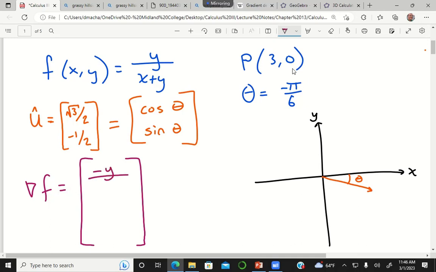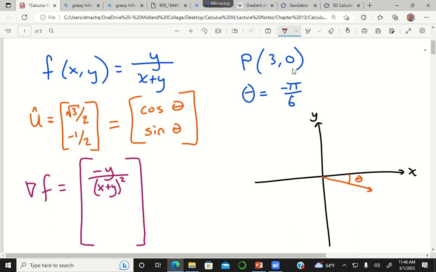Yep, you can think of the quotient rule: f prime, but we're pretending y is constant, so that's 0, times g, minus y times the derivative of x plus y, which would just be 1, so that's negative y, over the denominator squared.